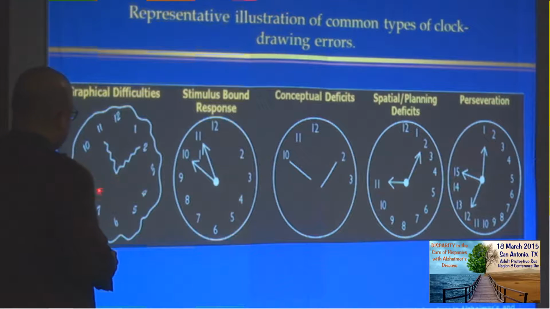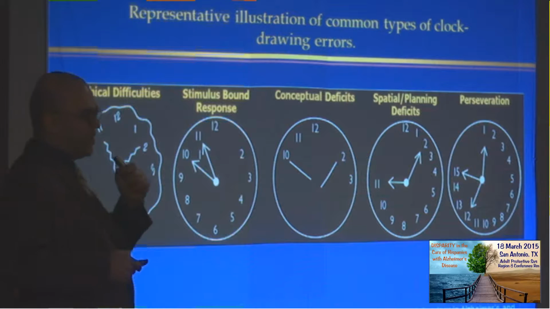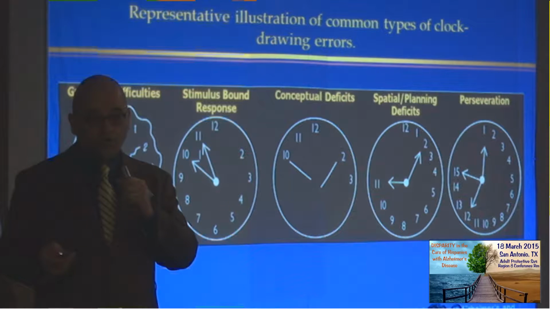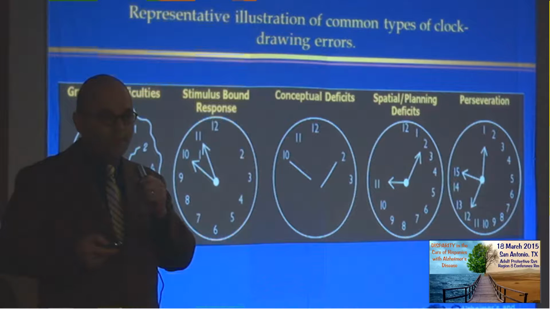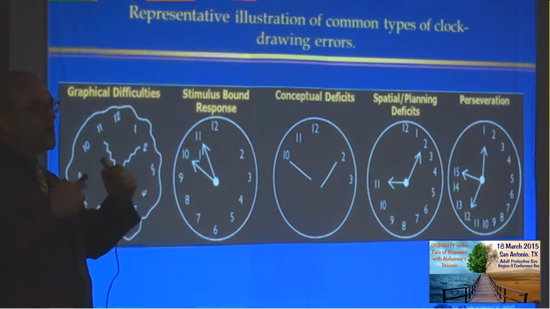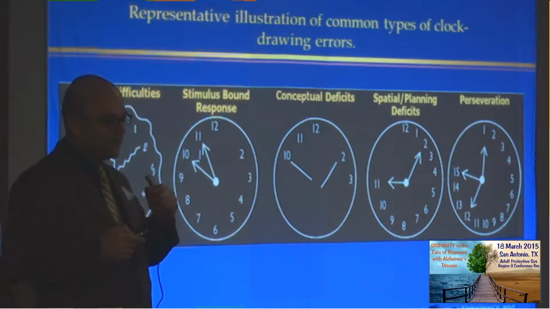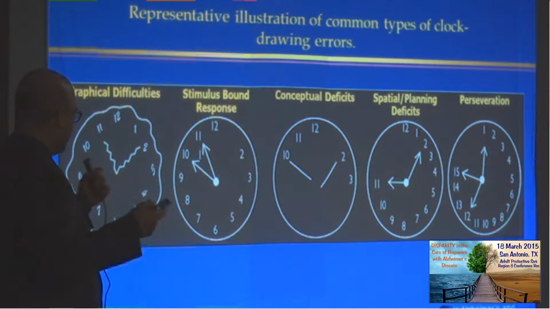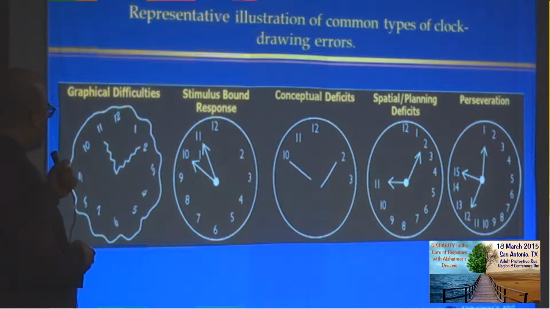The other thing that is missing is his arrows. When you're really drawing a clock, it is very important to pay attention to those small details. Just like putting an arrow on the clock, it could give you lots of information regarding how the brain is functioning. And I'll show you the picture later.